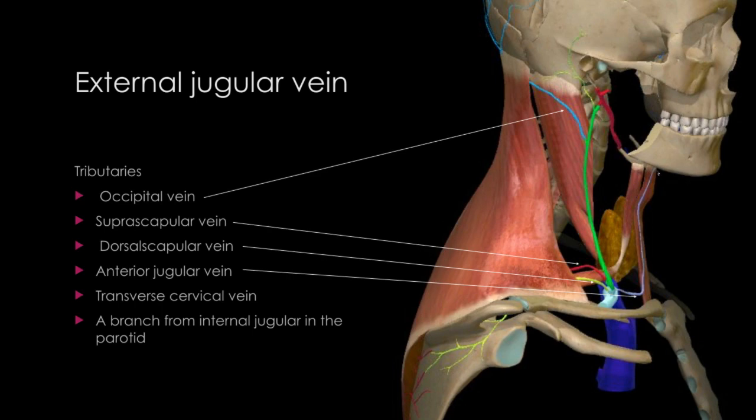The anterior jugular vein, as we discussed earlier, is coming through the midline, and at the lower edge it turns laterally to drain into the external jugular vein. The transverse cervical vein, which is not shown in this picture, and a branch from the internal jugular in the parotid region. So these are the tributaries of the external jugular vein.